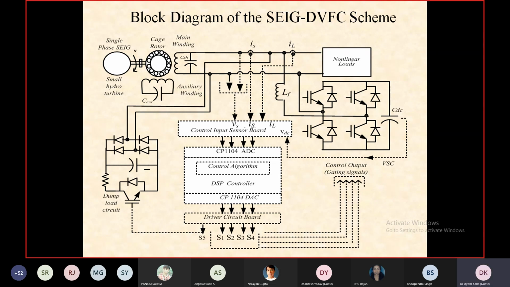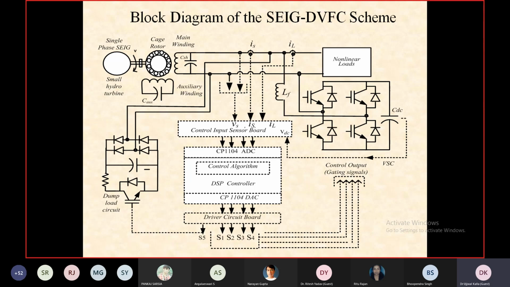Another objective of using this voltage source converter is the harmonic current compensation. My control algorithm continuously detects the magnitudes of individual harmonics, cycle by cycle. How much magnitude of third harmonic is required?